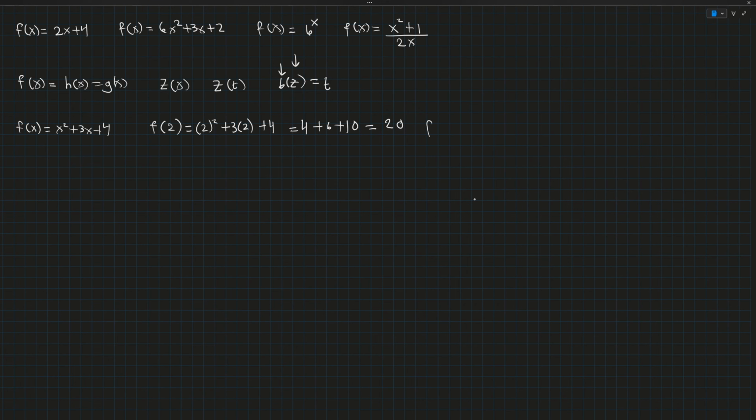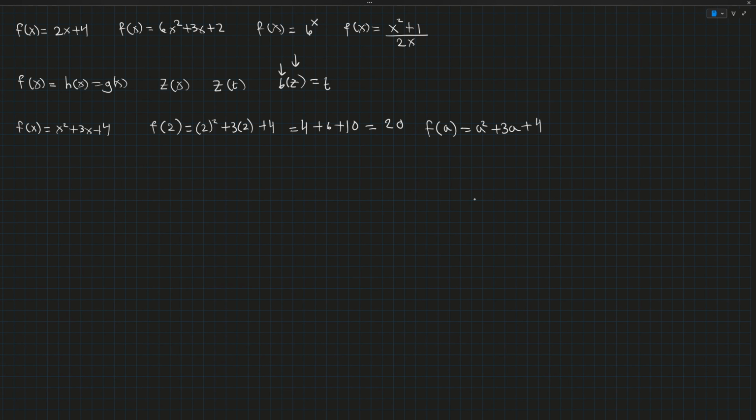What about if we were to evaluate f of x at some value a? Well, now we're going to substitute all the values of a into x. This becomes a squared plus 3a plus 4. Not too bad. Again, we're just substituting a into the function. How about something a little bit more interesting?